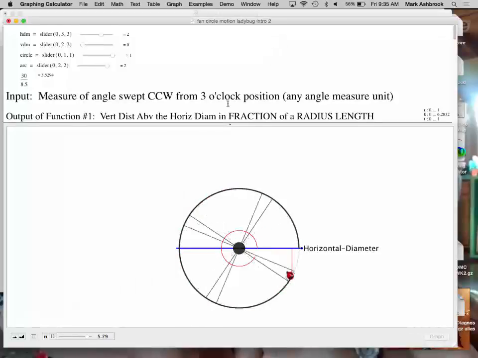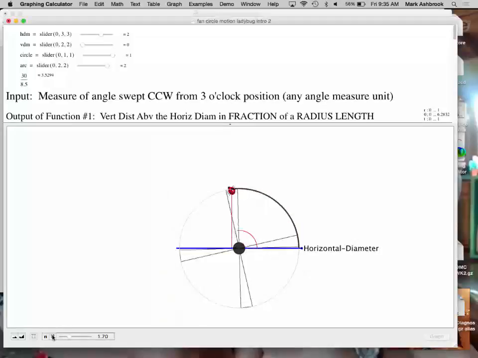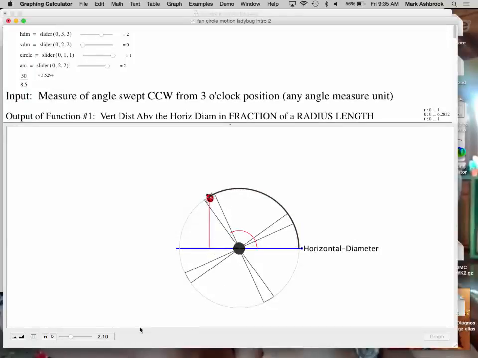So let's just practice that here. So what would the value of that quantity be right now? The vertical distance above the horizontal diameter as a fraction of the radius length.